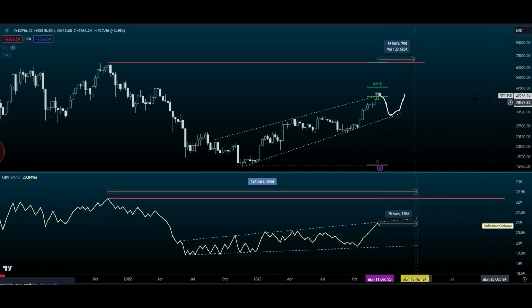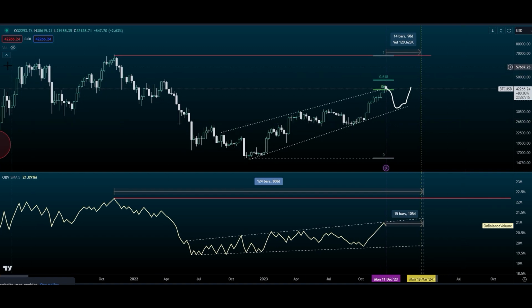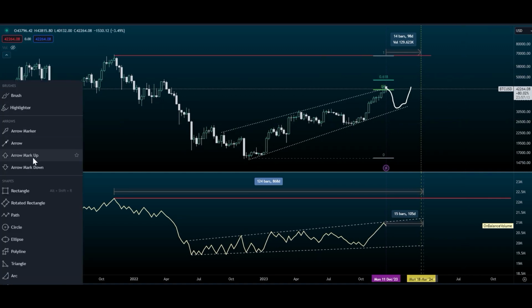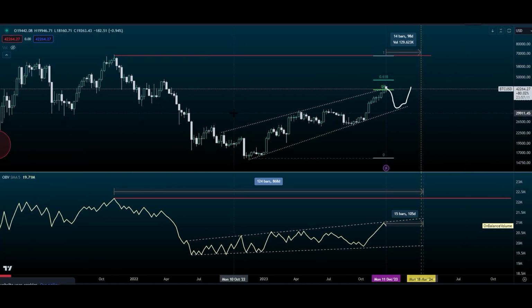What would make me change my mind? Pretty much two things I could put that down to. A loss of these levels, that would make me quite concerned. The other thing that would make me concerned is actually seeing this structure in the OBV start to make new lows and actually break the funnel towards the downside.